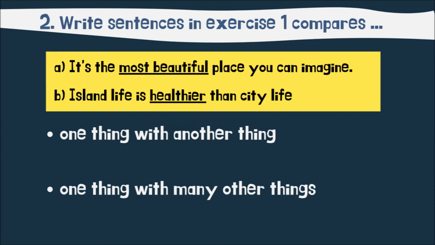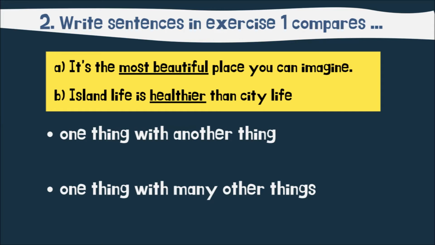And B is one thing with many other things. Dekat manakah dalam exercise 1 yang membandingkan antara satu perkara dengan banyak perkara yang lain? Yang mana? A. Tengok dekat situ, tengok balik dekat question number 1. A, the answer is most beautiful place you can imagine.